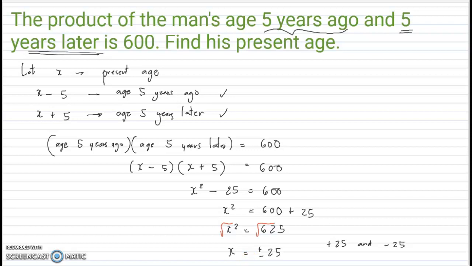Of course, it's the positive one because age should be positive, right? It should have an absolute value. So, X as the present age is equal to 25. So, the present age of the man is 25 years old.